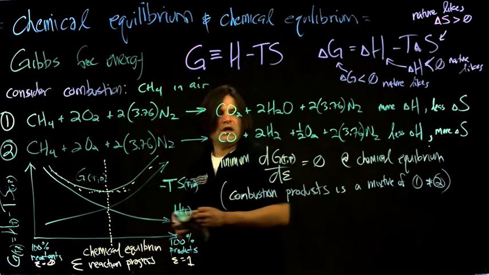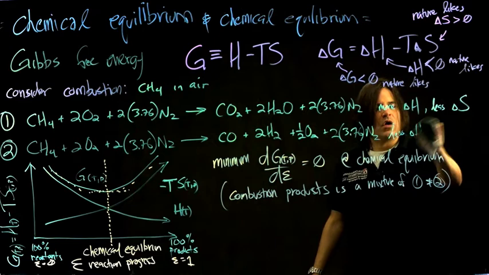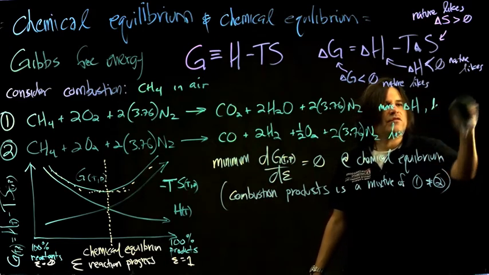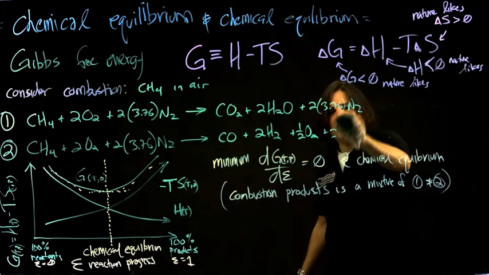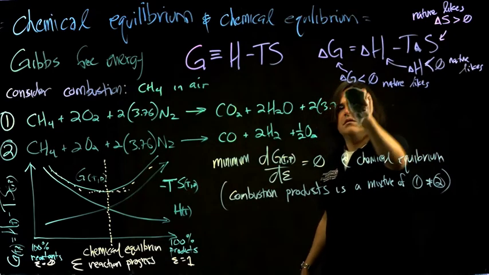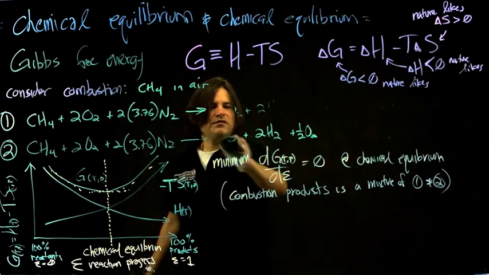Now we can do a little bit more general analysis for all chemical reactions. This is useful for any set of reactants, any set of products. So let me erase this stuff for the combustion.